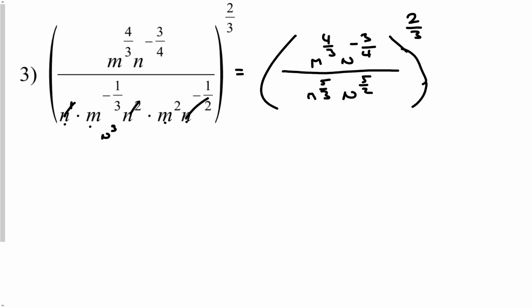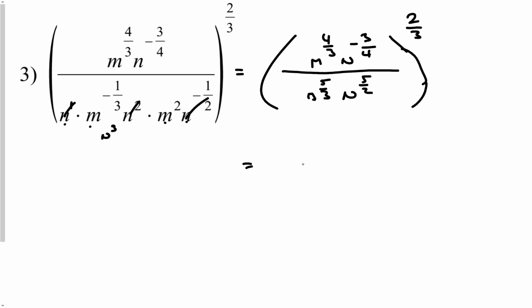Here's where we need to decide what the most efficient thing to do is. I'm going to get one of every letter, put the m's together, put the n's together, and then raise them to the 2/3 power. I have a 4/3 and a 5/3. Luckily, they have the same denominator. I have to decide which one is bigger. 5 is bigger than 4.